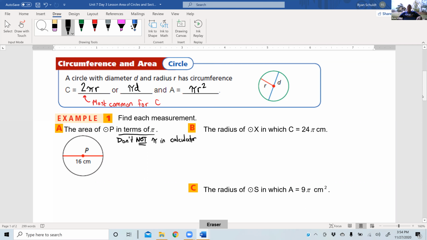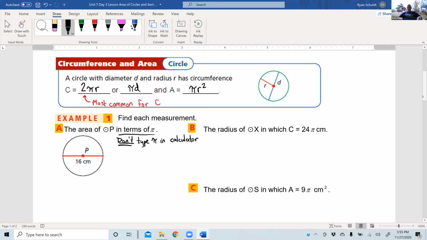If you do, I'm taking points off. It says in terms of pi. Do not type pi in the calculator. Okay, anyways, let's get past that.